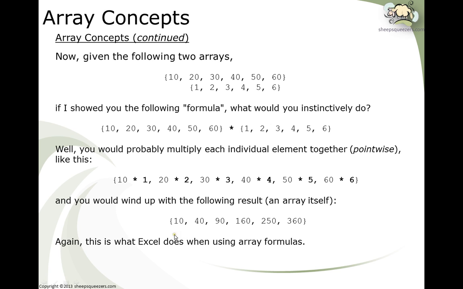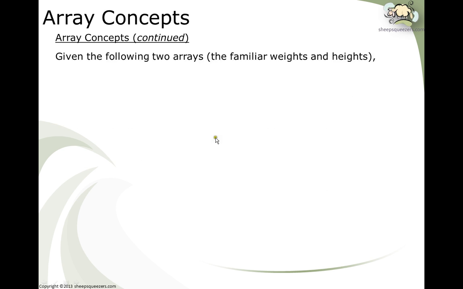And again, this is exactly what Excel does when using array formulas. Again, we're using point-wise, 10 times 1, 20 times 2, 30 times 3, up to 60 times 6. That's kind of what you would instinctively do, similar to the addition from the previous slide.